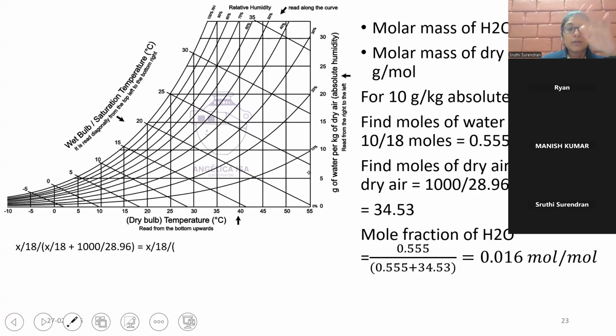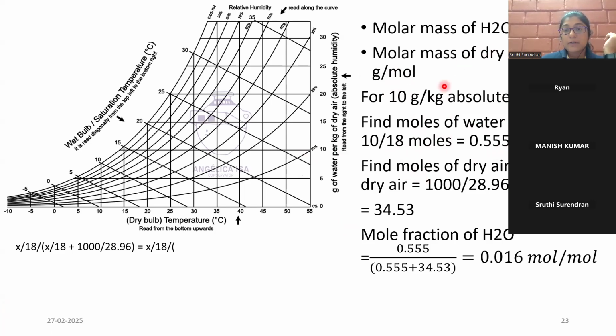In order to convert that value into mole fraction, what we have to do is, if 1 mole of water consists of 18 grams of water, then the number of moles in 10 grams of water is going to be 10 by 18 moles. This will be the value for 10 grams.